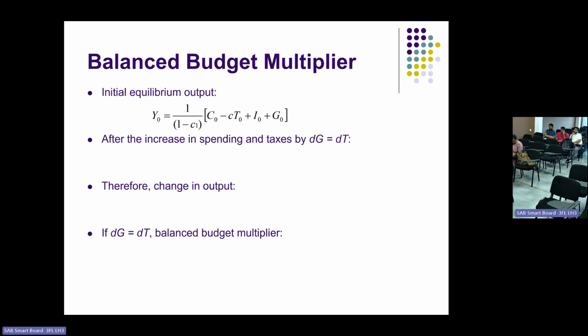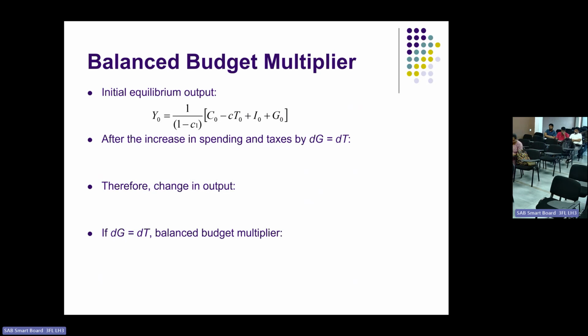Now you can derive this equation. We are in the three sector model, with households, firms, and the government. We have consumption, investment, and government expenditure. The consumption function is given, and total expenditure is consumption, investment, and government expenditure.